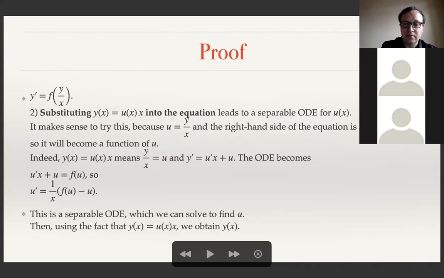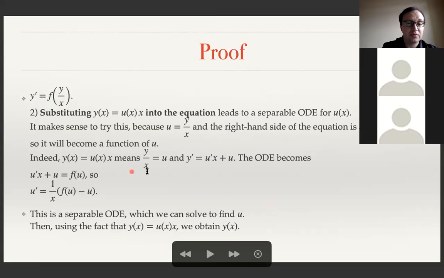Right, so the right-hand side of the equation is a function of y over x, which we have already denoted f of y over x. And so now we look again at this equation, y prime is equal to f of y over x, and we use the substitution that I announced already earlier.